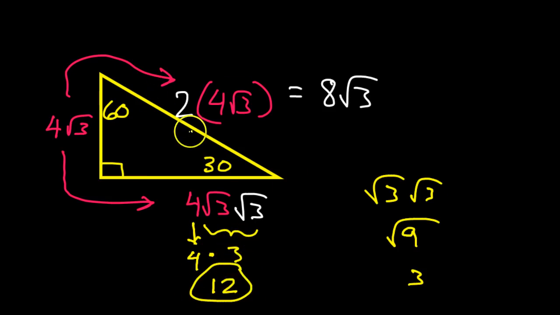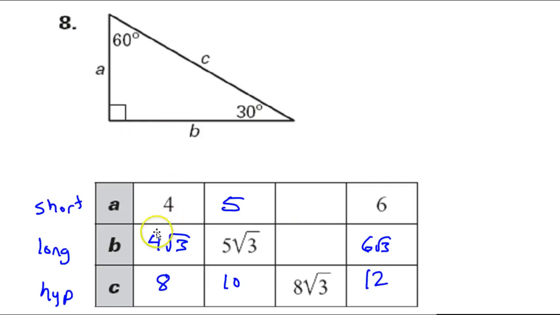So let's just work backwards and understand. In fact, let me go ahead and jump back to the actual problem. They gave us that the hypotenuse was 8 radical 3. So if the hypotenuse is 8 radical 3, now working backwards, we get the hypotenuse by doubling the short leg.